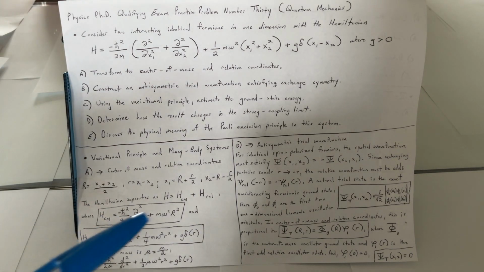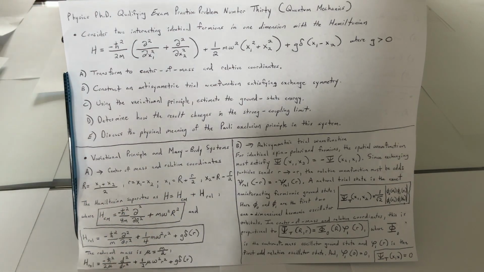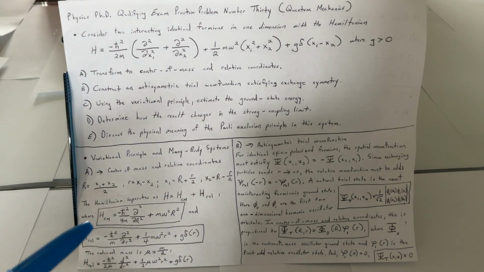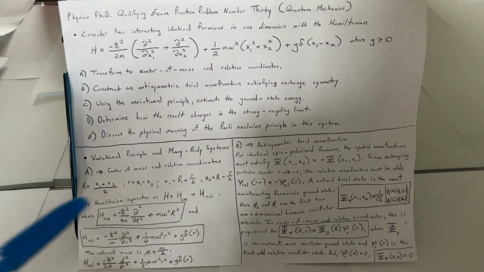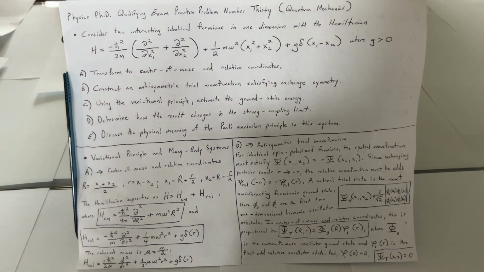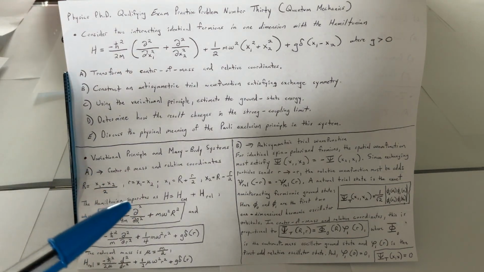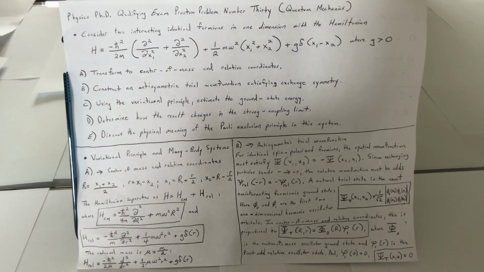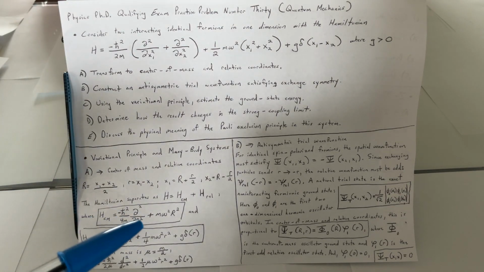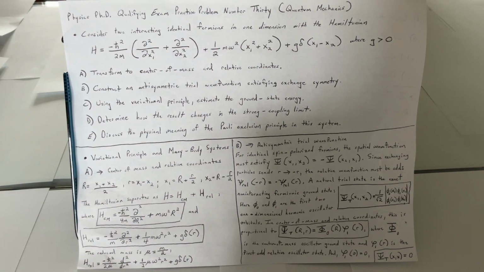The Hamiltonian separates as H equals H sub cm plus H sub rel, where H sub cm equals negative h bar squared over 4m, second partial with respect to capital R, plus m omega squared capital R squared.